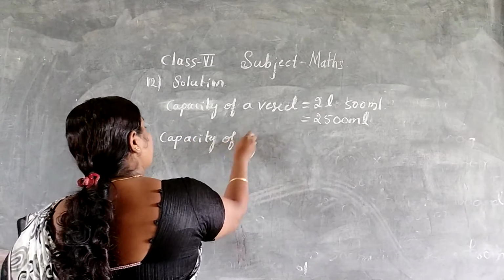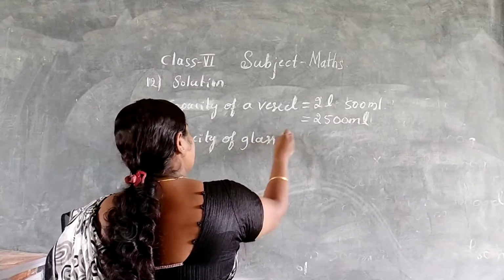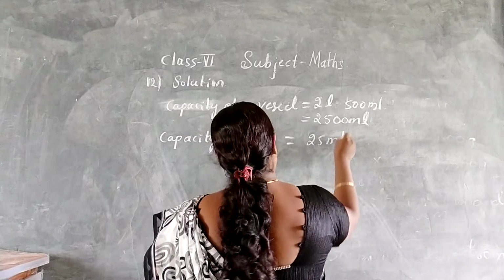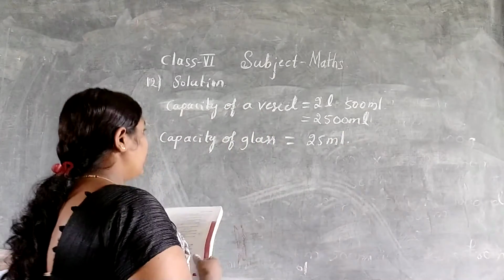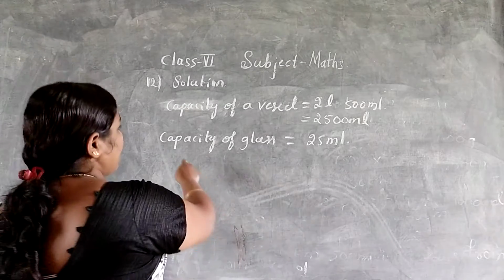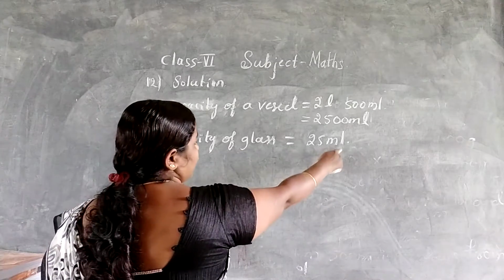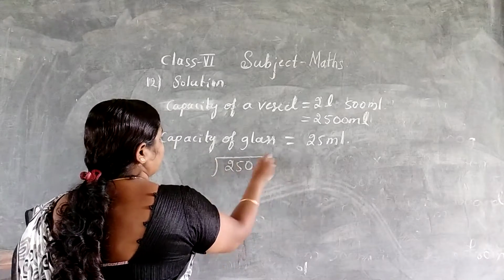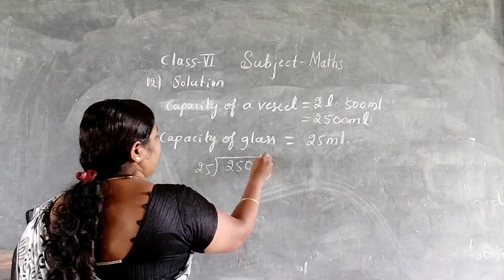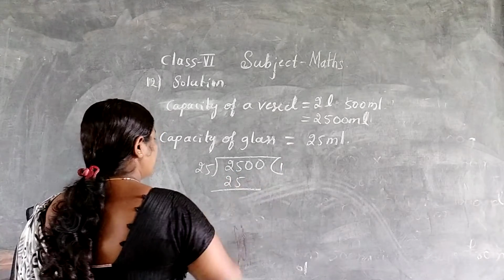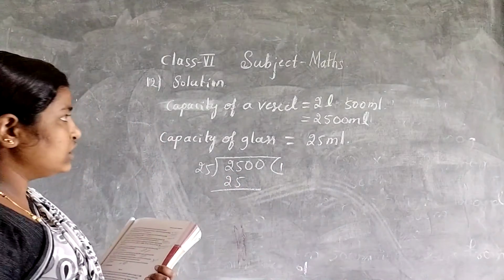Capacity of a glass is equal to 25 ml. Now, how many glasses can we fill? The capacity of a glass is 25 ml. So this is a division problem. So 25 ones are 25.